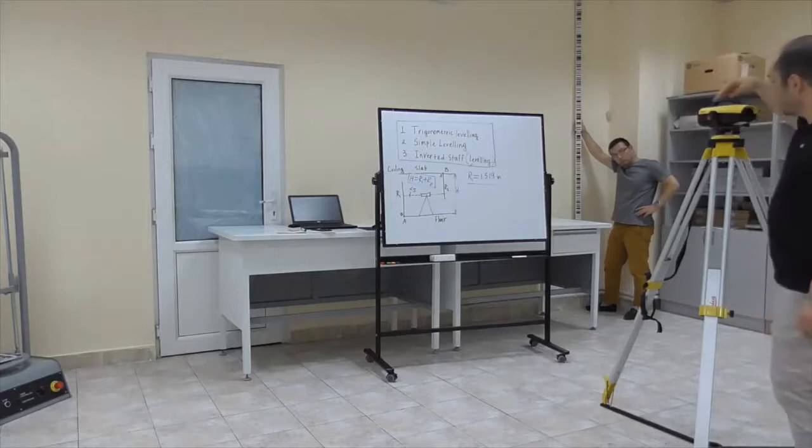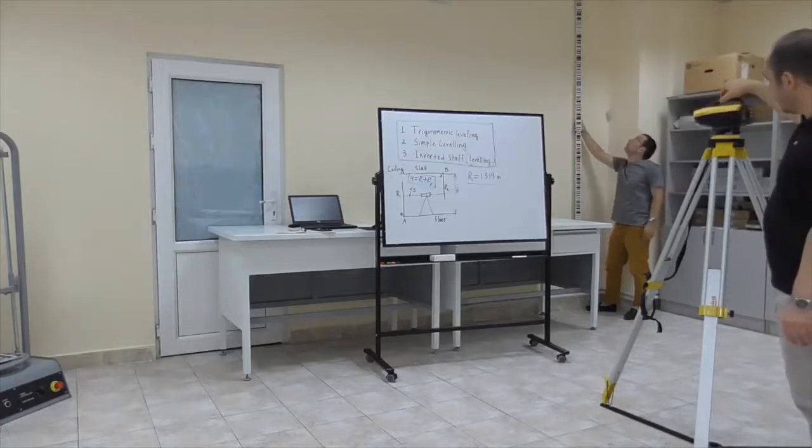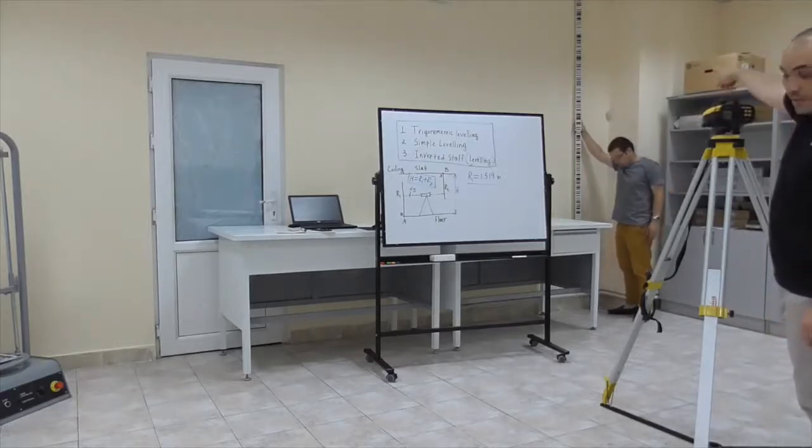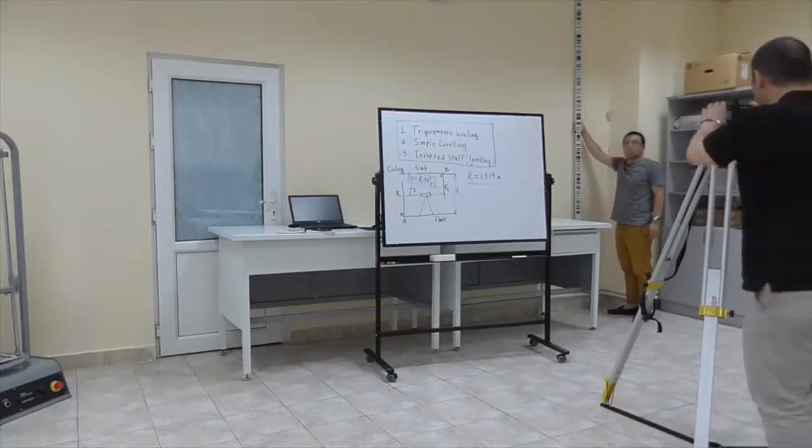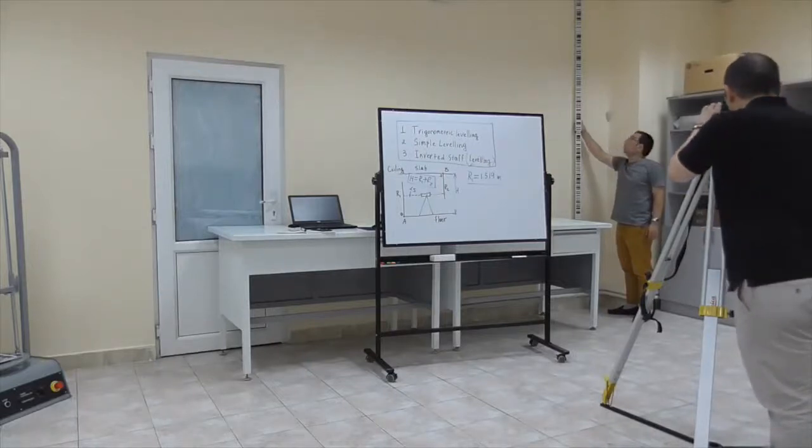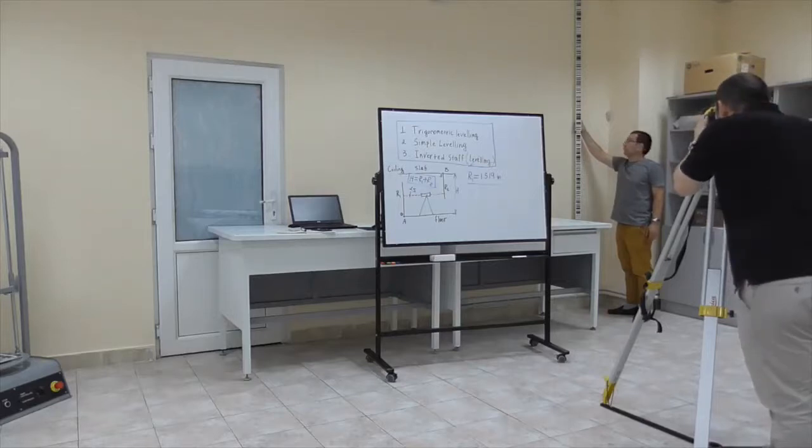I rotate my leveling instrument toward the staff, look through the eyepiece, and focus on the leveling rod using the focusing screw.